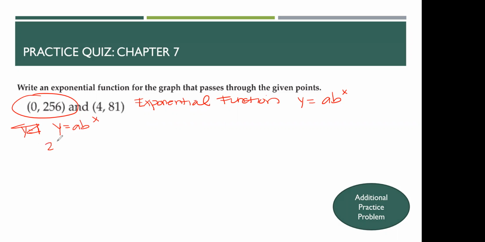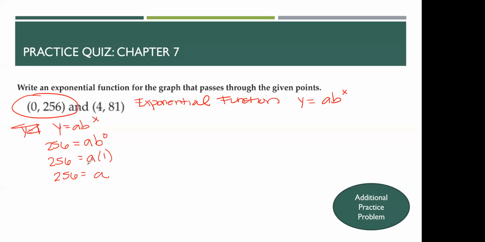I'm going to put in 256, that's my y value, equals a times b to the power of 0, that's my value of x. Well, I know that anything to the power of 0 is equal to 1. So I end up with a times 1, so 256 is equal to a.